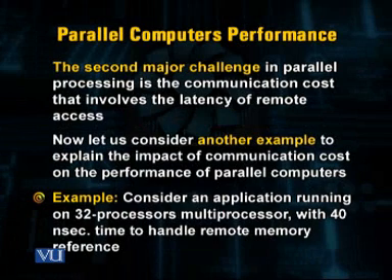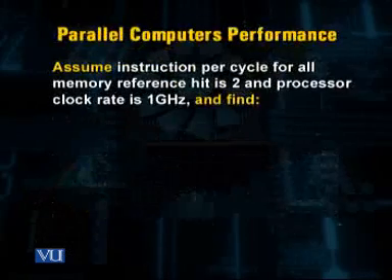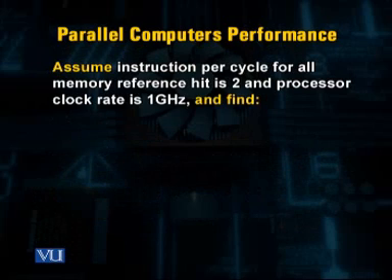Here we are considering an application running on a 32 processor multiprocessor with 40 nanosecond time to handle a remote memory reference. We also assume that the instructions per cycle for all memory reference hits is equal to 2, and the processor clock rate is equal to 1 gigahertz.